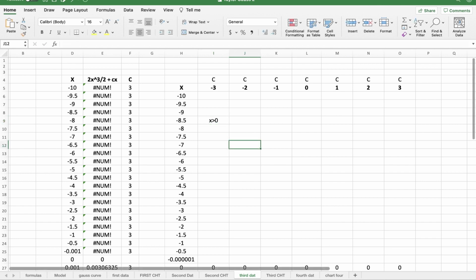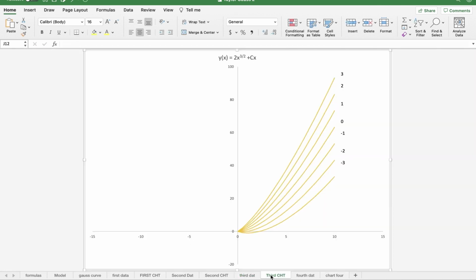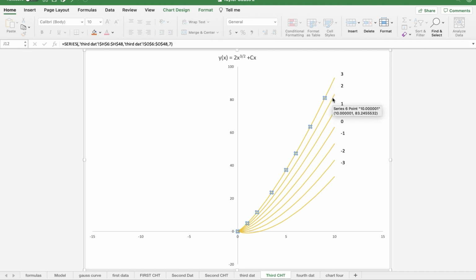And so looking at the plot and the different curves for the plot, we're looking at the positive domain. We're not looking at the complex axis system.